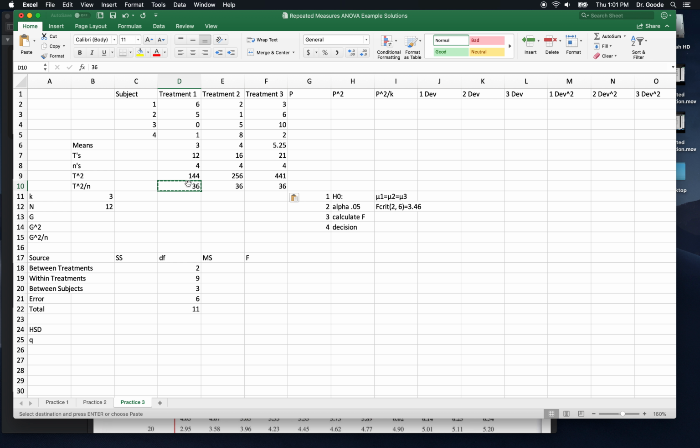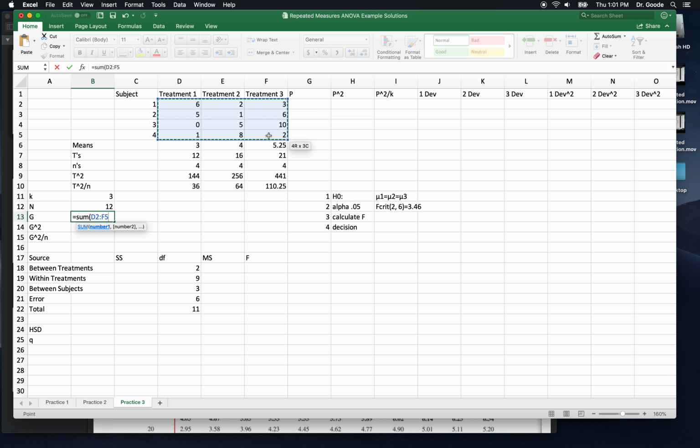Let's do this. T squared over n is equal to t squared over n equals t squared over n. Copy that, paste that. There we go. We'll need g, which is the sum of all the scores. And we'll need g squared.